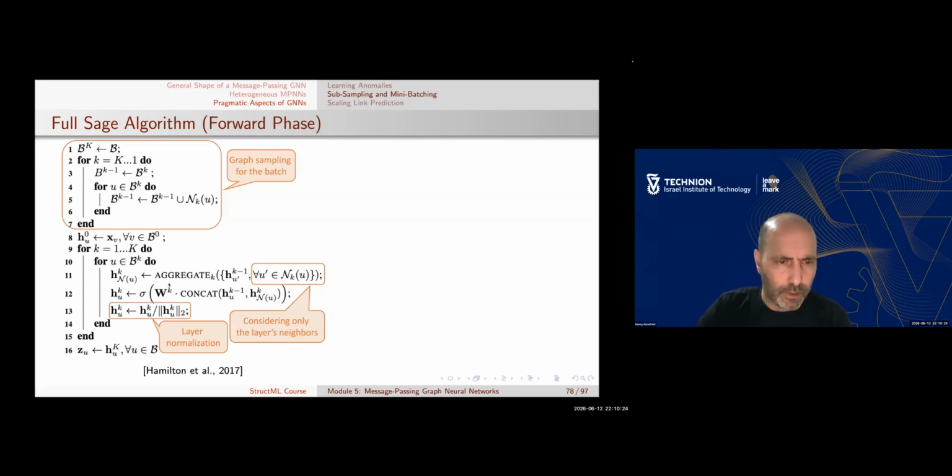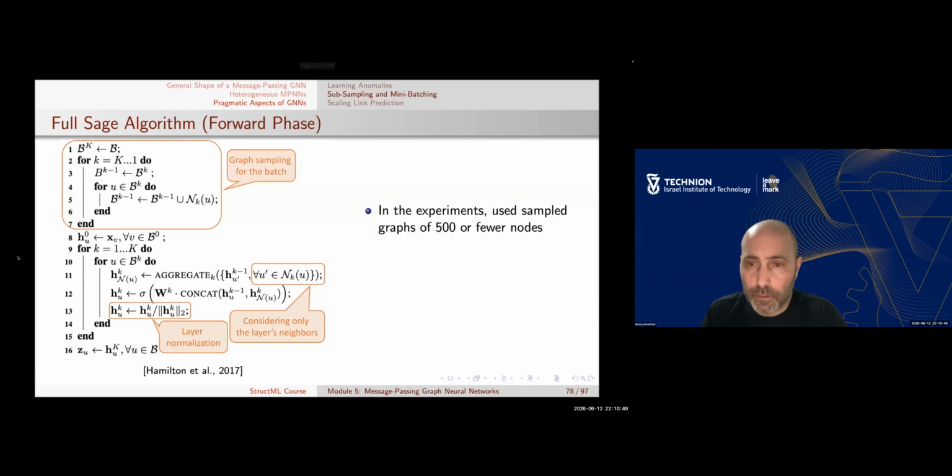Message passing GNN. Aggregation, activation, and so on. And here they also have a normalization layer. They consider for the neighbors of u only those neighbors that are selected for our Bs, for our batches. Okay? So this is the idea, quite simple.